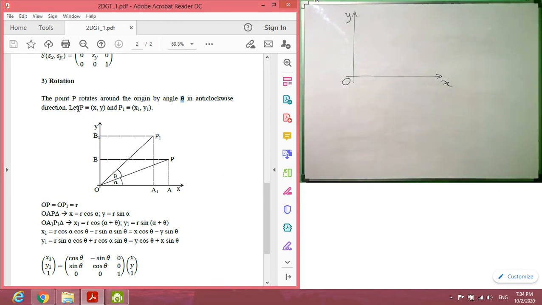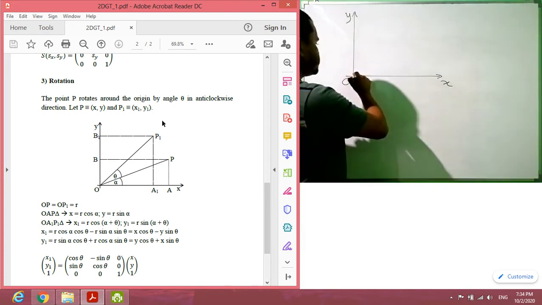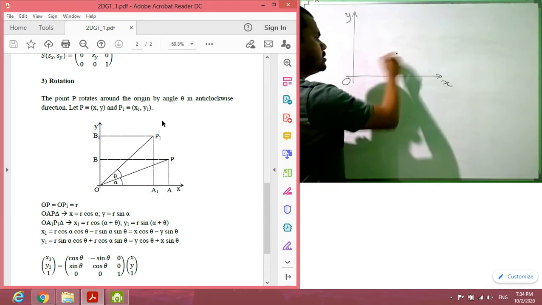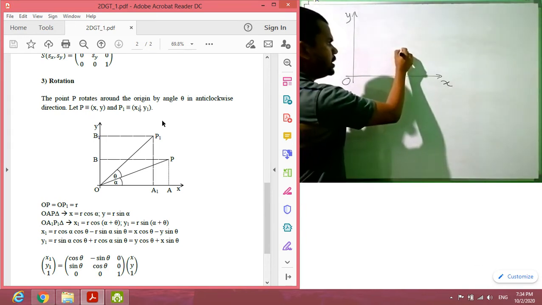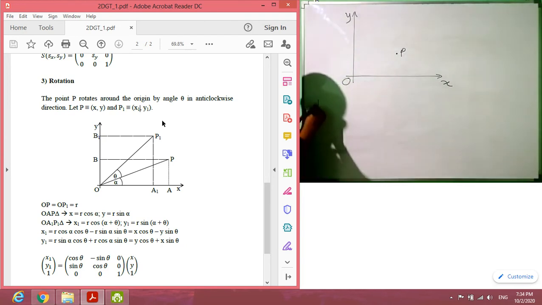Then let P be (x, y) and P1 be (x1, y1). Now you have a point, that is P. Coordinates of P is (x, y).